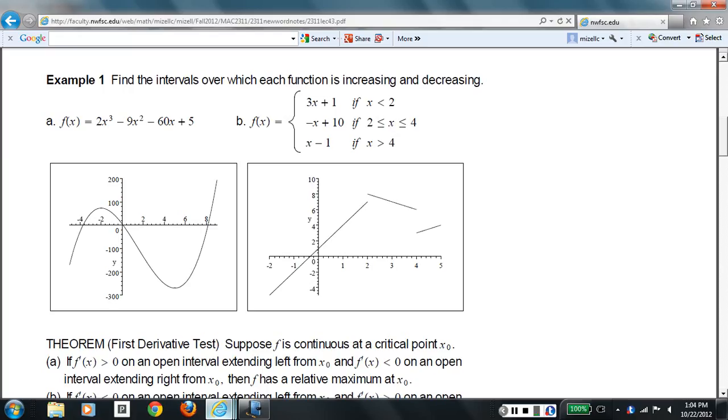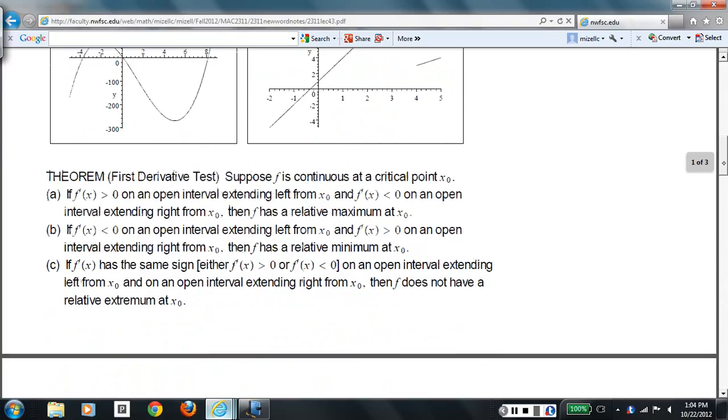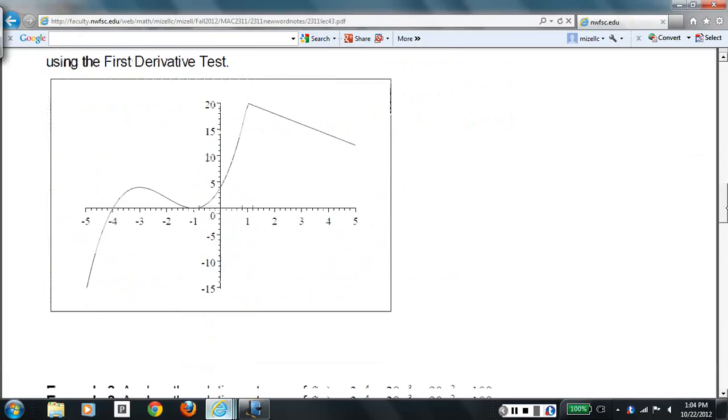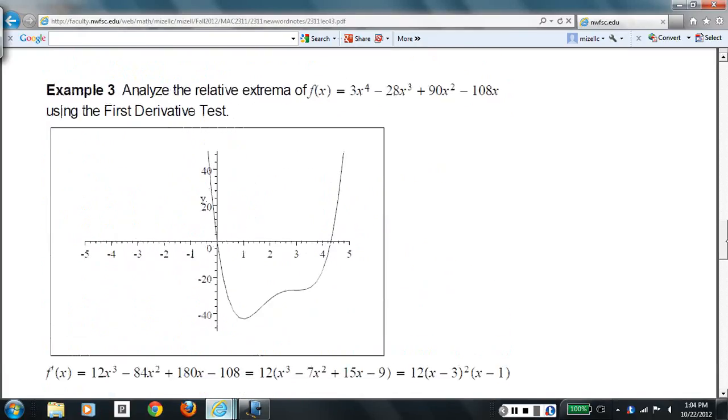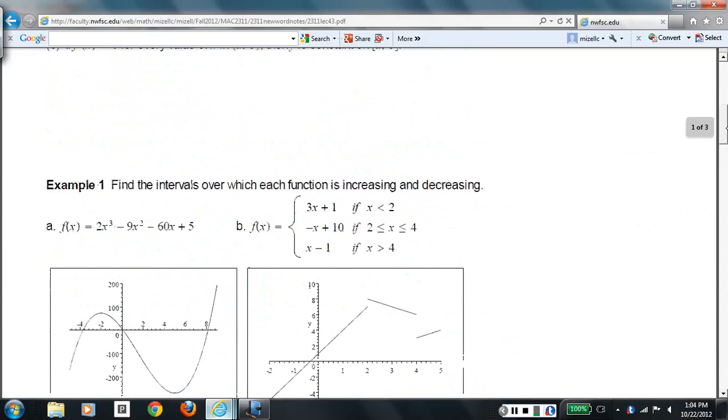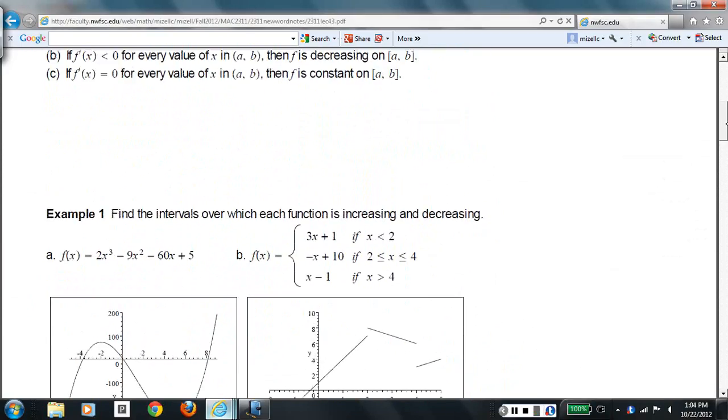If it happens in the interior of an interval, then, well, let me get the theorem. Sorry. We've not yet done the first derivative test.